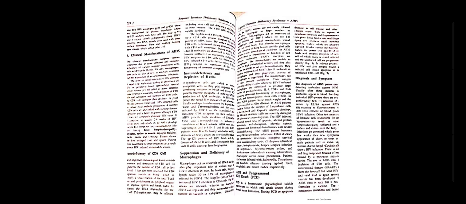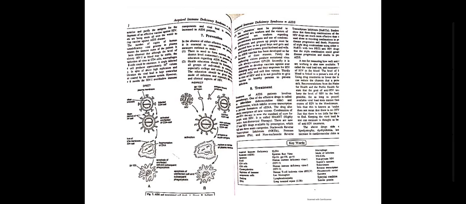Prevention. There is need to form national, state and district level committees to promote health education regarding AIDS disease. Health education should be formulated for all groups of individuals in communities, especially college and school level students.